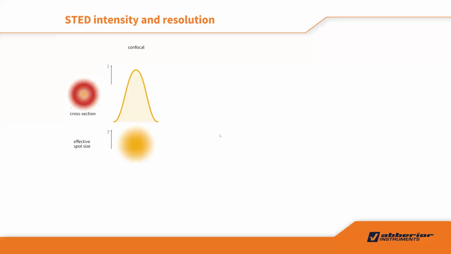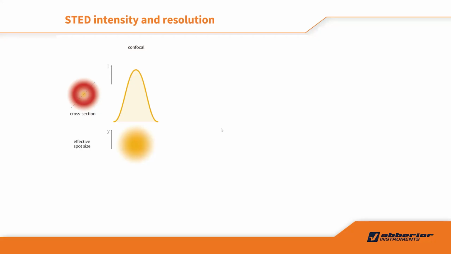Okay, to talk about the MINFLUX principle, we have to have some knowledge, right? It's a combination of STED and single molecule localization. So I would like to show this slide, which I showed 2 days ago, to prepare you for understanding the MINFLUX principle.